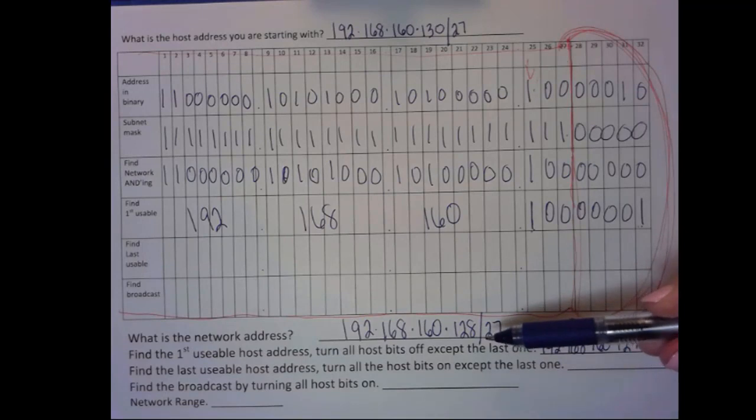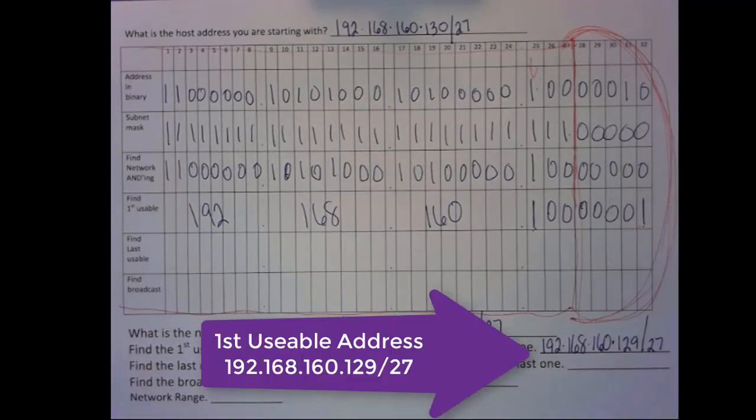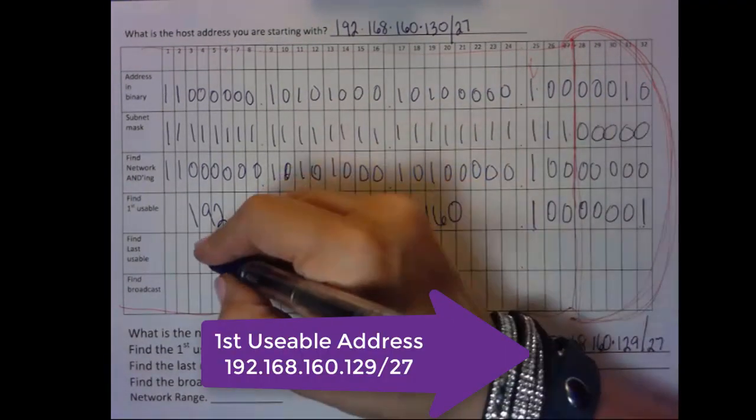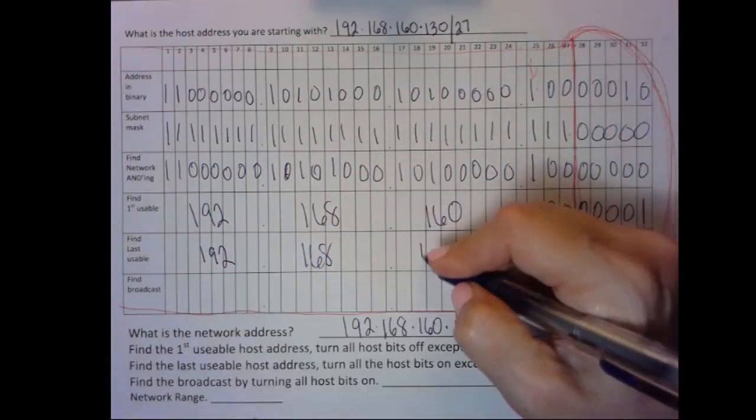Now the other way to do this is I could have just added 1. I always know that the first usable address is going to be the first one after the network address. We just add 1.